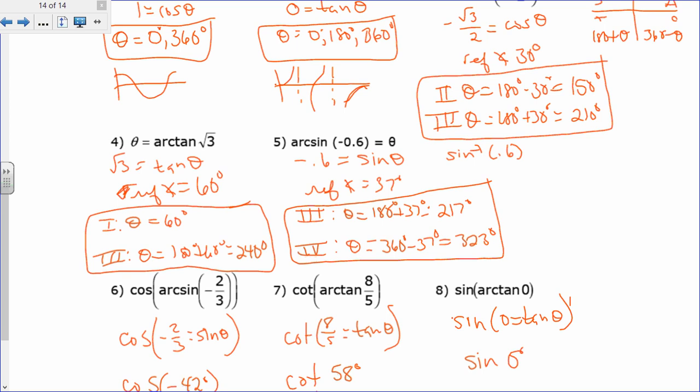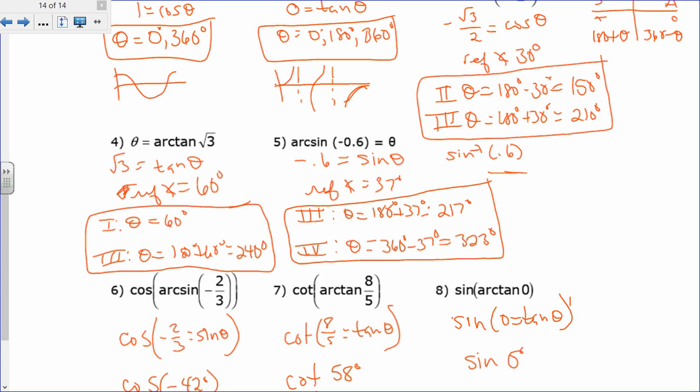For number 5, we have the arc sine of negative 0.6 equals theta. So negative 0.6 equals sine theta. On this, I have to use my calculator because we don't have anything special for 0.6. I'm going to put in sine inverse, so second sine of 0.6, not negative 0.6. I need you to do it positive so that I can get my reference angle.